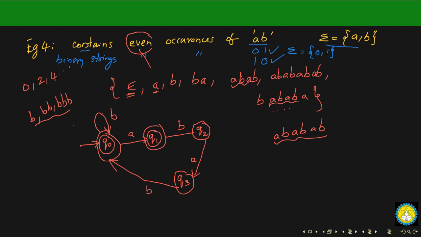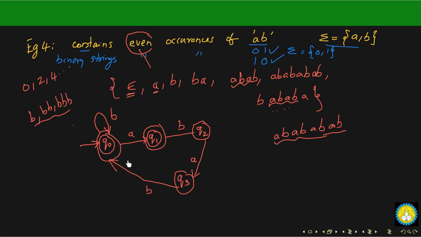If you see an AB again, this contains four occurrences, so it will be accepted. You will be back at Q0, and that is an accepting state. So now we can verify that all the even occurrences of AB, starting from 2, 4, 6, 8, will be accepted at Q0.